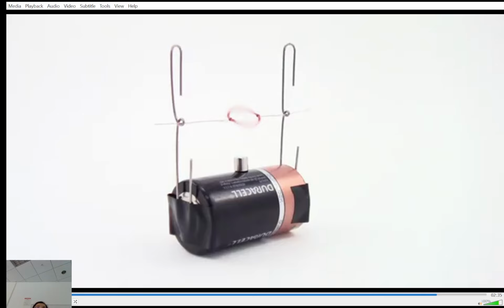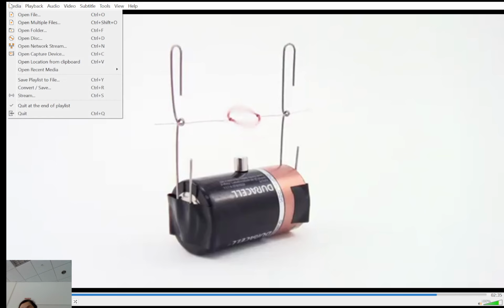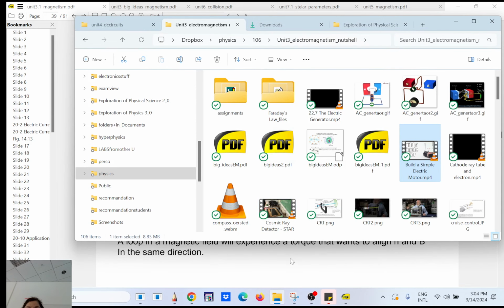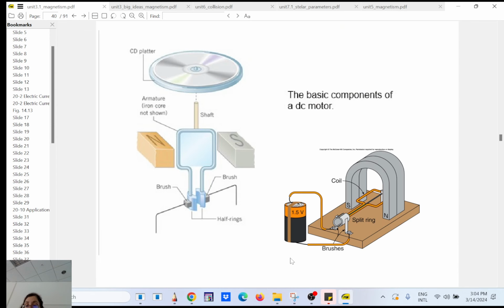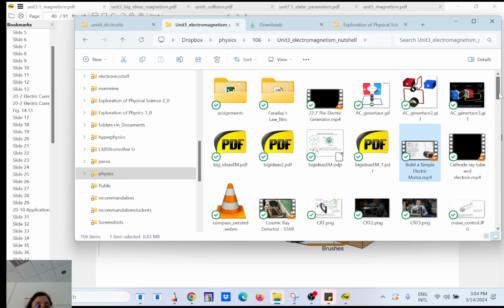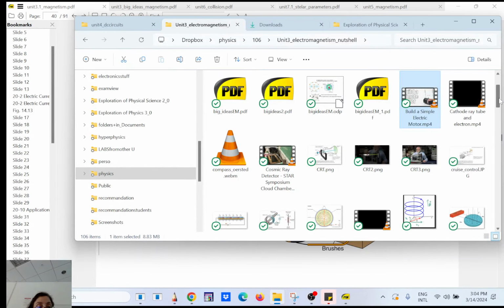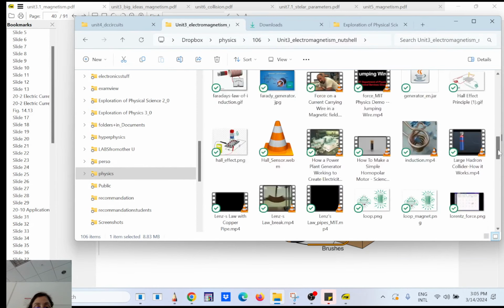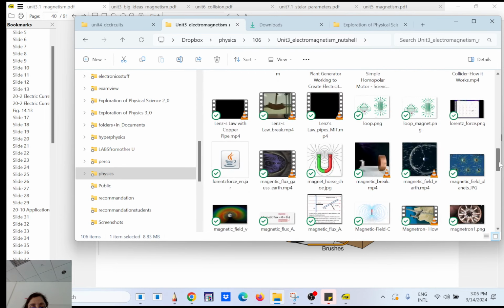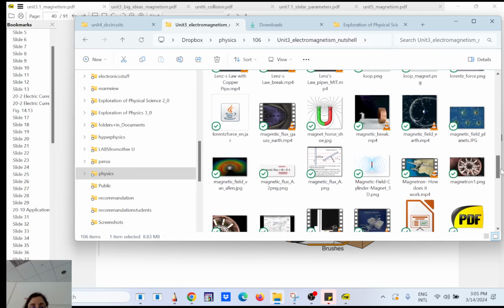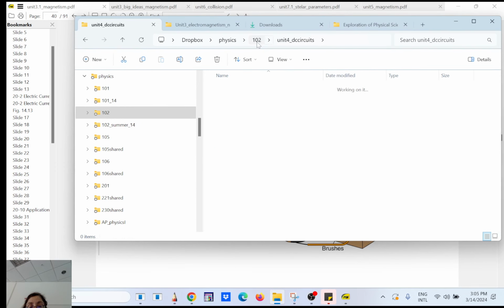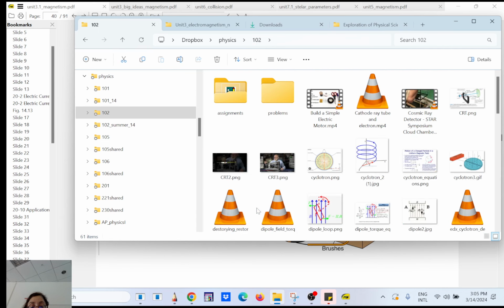It's called enamel wire, and you need sandpaper. So it's very cool. You have many tutorials for that. Let's see, motor. Let's see if I have another video.